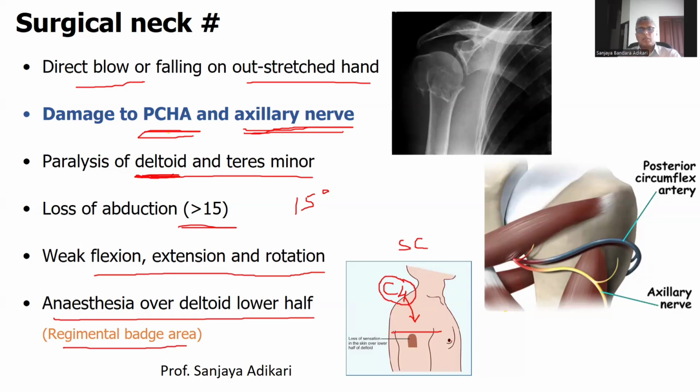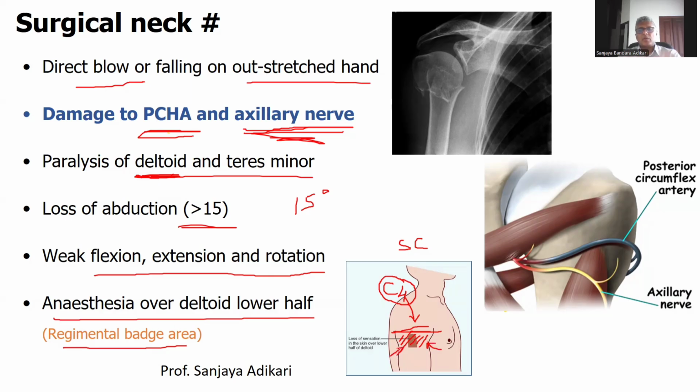Then the skin over the lower half of the deltoid is supplied by what is actually called the upper lateral cutaneous nerve of the arm, which is a branch of the axillary nerve. When the axillary nerve is damaged, you get sensory loss here in this lower half. Why you observe sensory loss only in the middle part of the lower half is because of overlap of other nerves.